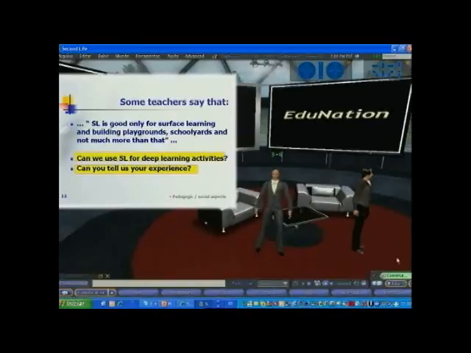And some teachers say as well that Second Life is good only for building playgrounds, schoolyards, and so on. Can we do deep learning as well in Second Life? This is a question. I would like to hear your comment. I should say yes. It depends on the teacher.